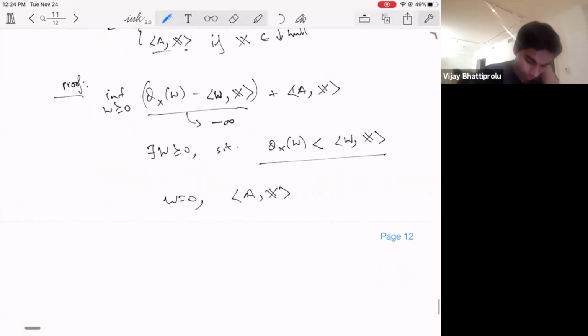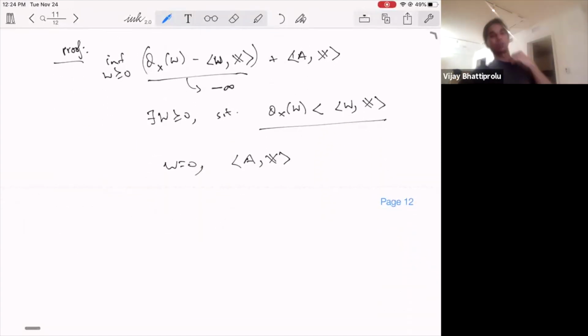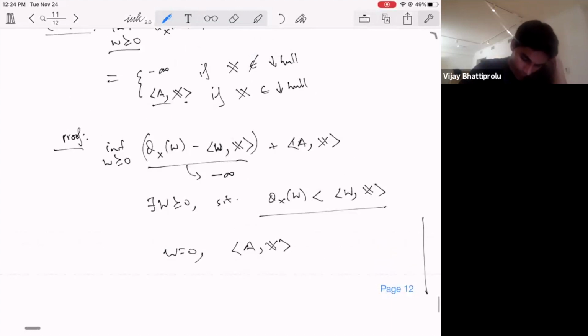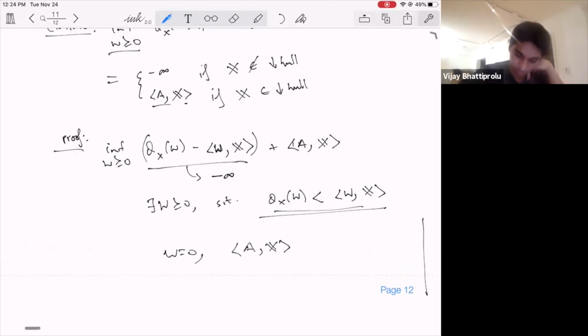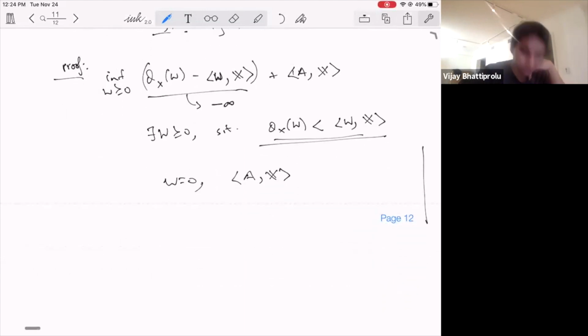So let's see what happens when QX of W is less than W inner product X. I already said what happens: we can just scale W arbitrarily, and this infimum will be negative infinity. On the other hand, if it fails, I need to show you that the value is equal to A inner product X. So let's say that condition fails.